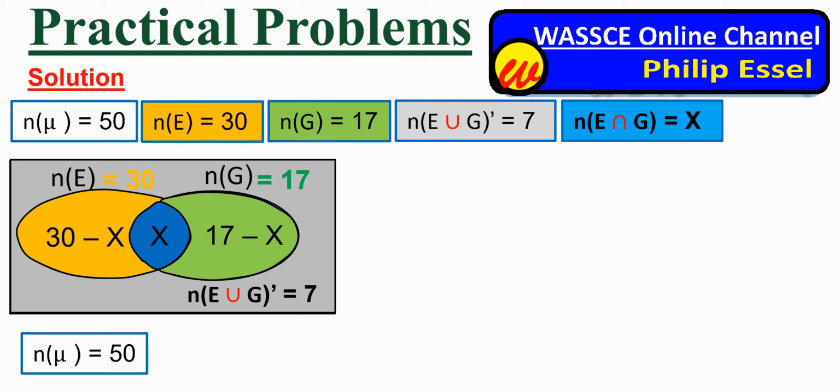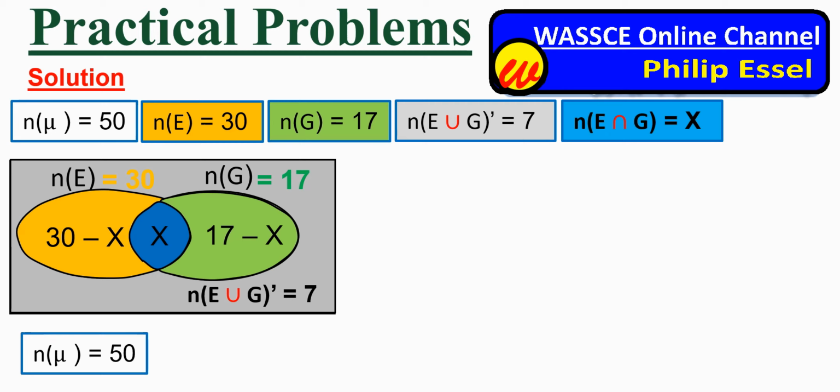The hash region is the region that is outside of economics and government. So clearly that hash region tells us that is the region where the students there did not read economics or government. So that is it. This brings us to the end of the first part of the question.